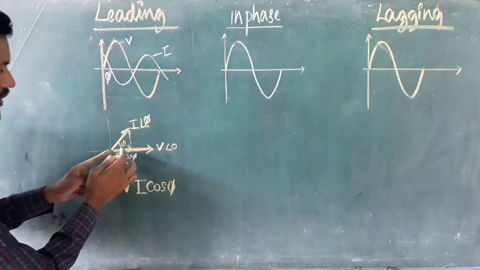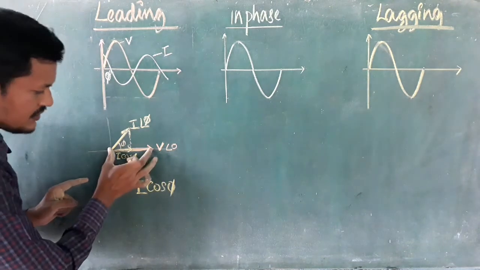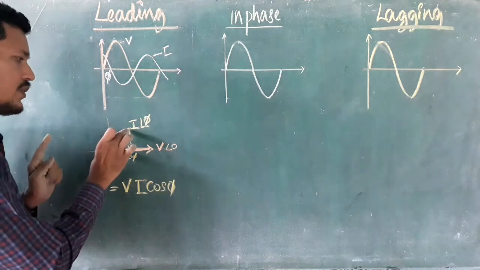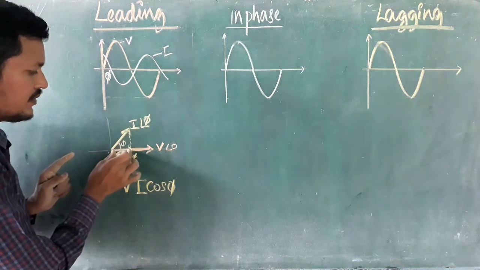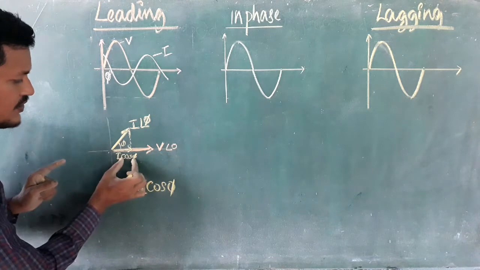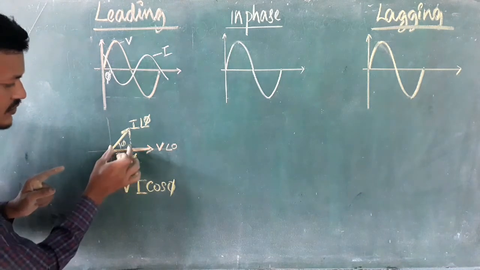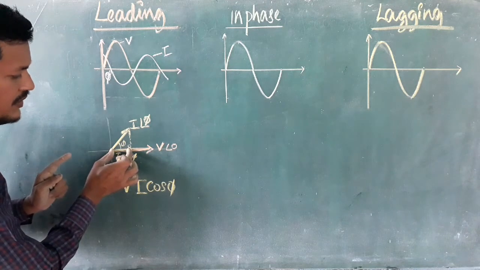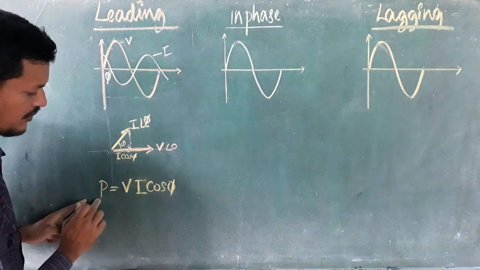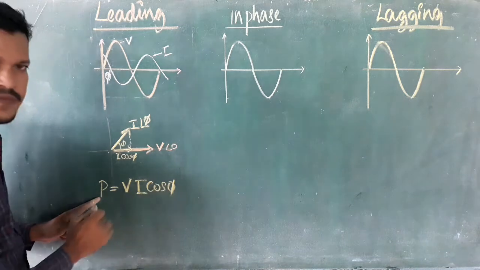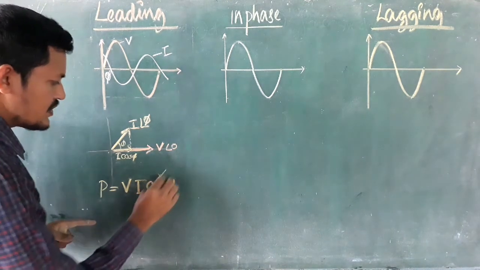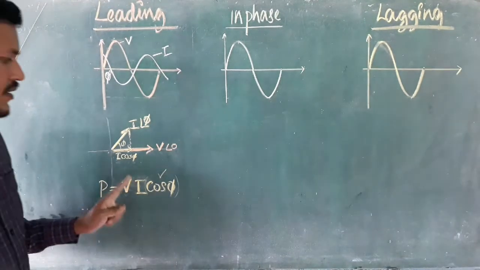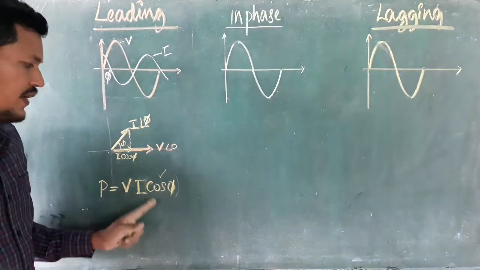Actually the total current flowing is I, but a cos phi factor is added, so it is a reduced value of current. Multiplying, we get power equal to VI cos phi. This term cos phi is known as the power factor.